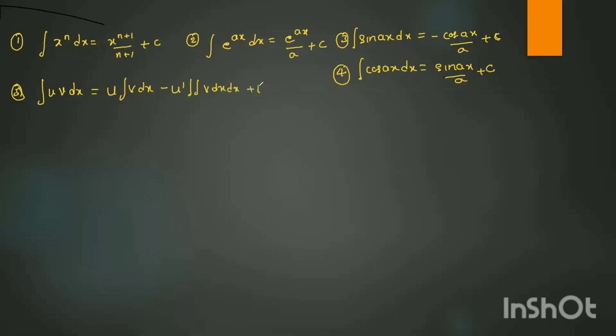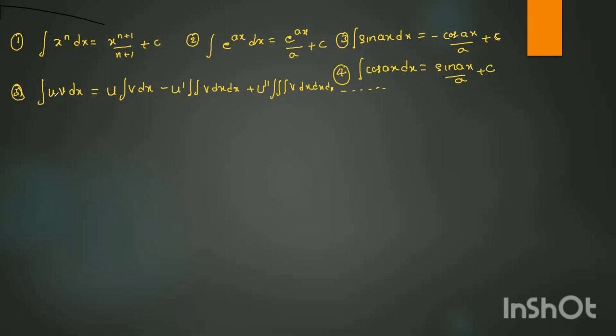plus double differentiate u and integrate v three times, minus, and so on. It will go on until you get the differentiation of this term as 0. I'll repeat: keep u as it is, integrate v, minus differentiate u and integrate v twice, double differentiate u and integrate v three times, minus, and so on.